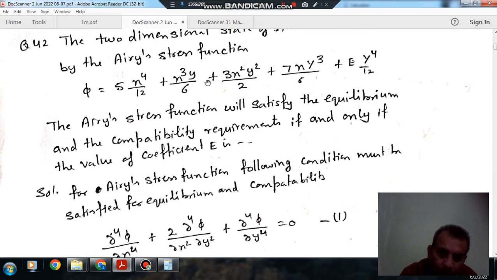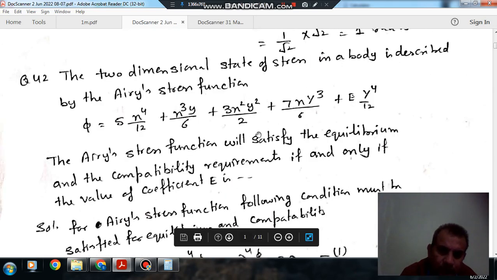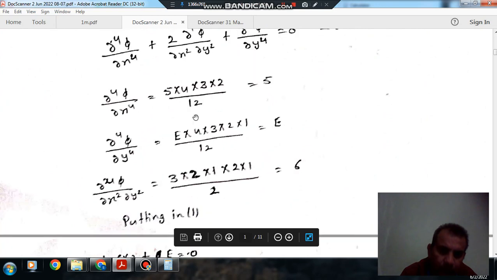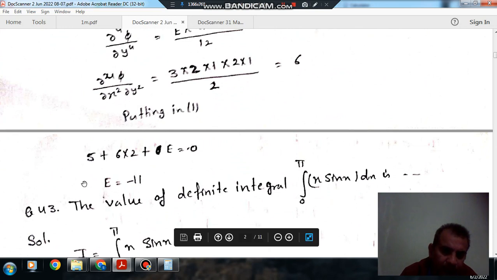So now we'll perform the differentiation of this only. So it will be 3 into 2 into 2 into 1, divided by 2, so this will be your 6. Now when we put these three things in this equation, we can find out E. So E comes out as minus 11.